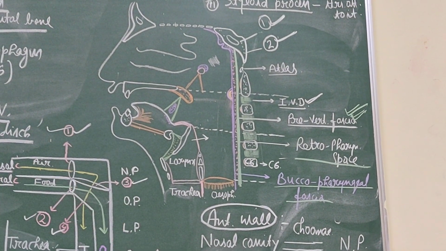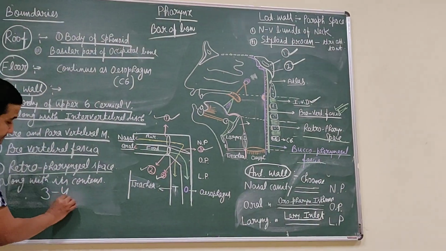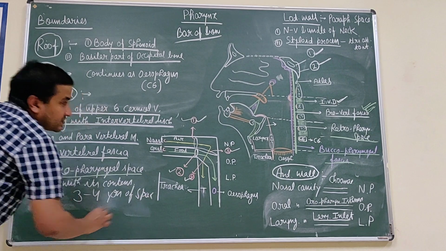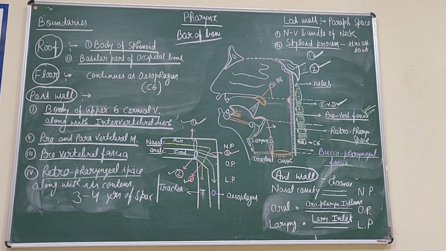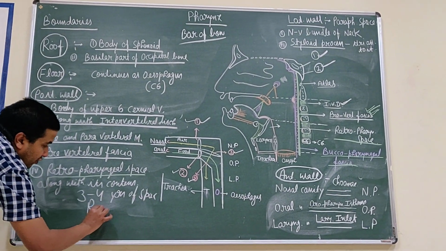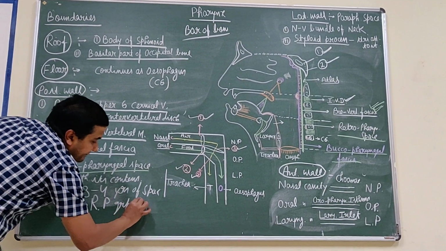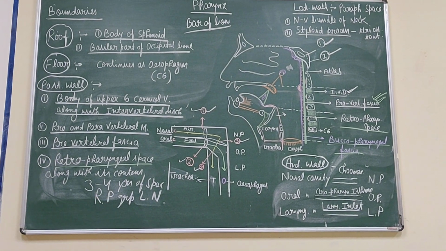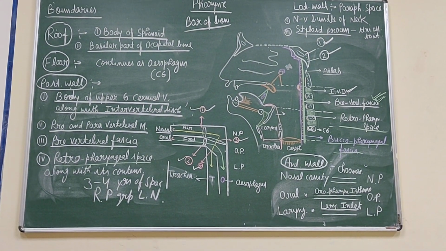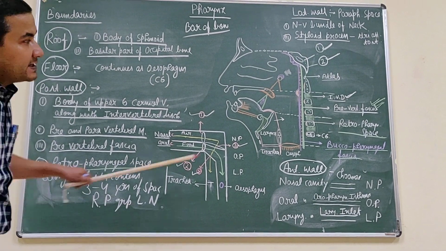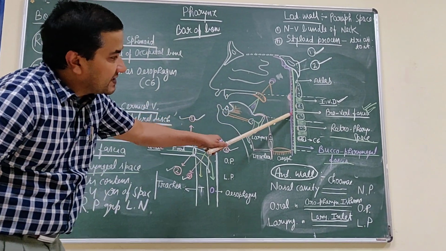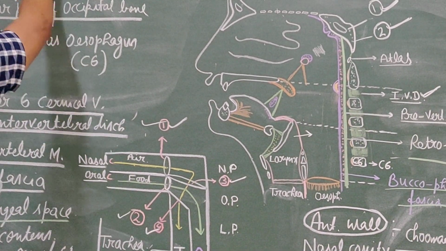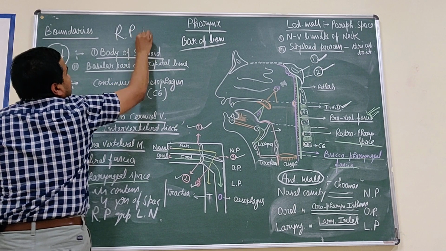Up to 3 to 4 years of age, this space has lymph nodes known as the retropharyngeal group of lymph nodes. After this, the lymph nodes atrophy. Sometimes there is a collection of pus in this space, and that is known as a retropharyngeal abscess.